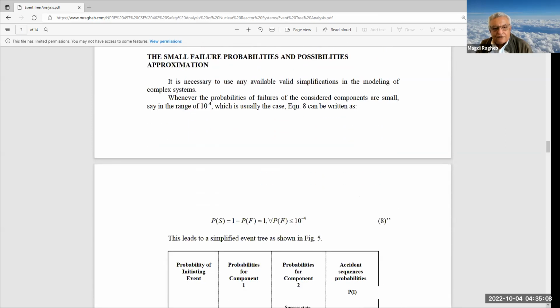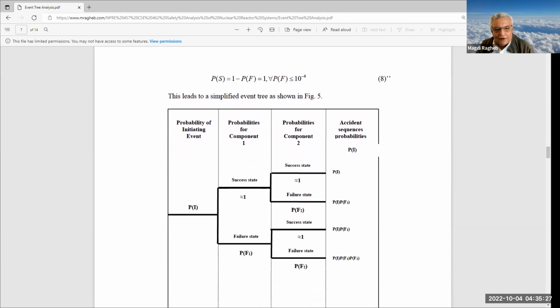So here it is. We are going to use the small failure probabilities. And if the possibilities also of failure in our components are small, then 1 minus the possibility of failure is approximately equal to 1. All right, so this is now a way for us to do some actual computations.